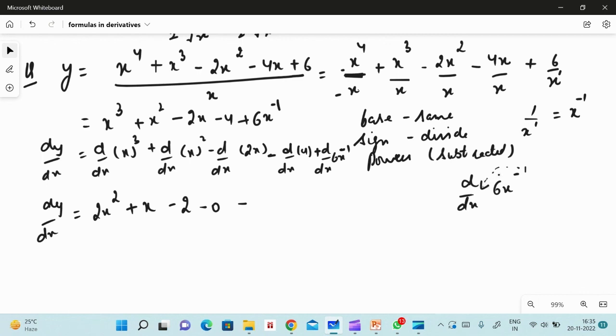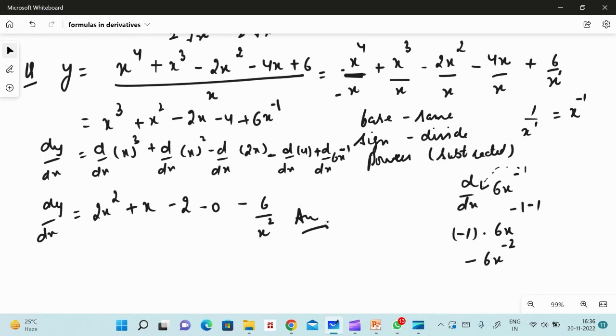So the power comes in front, minus 1 into 6x, and what will we get in the power? Minus 1 minus 1. Okay, so it gives me minus 6x power minus 2, or I can write it as minus 6 divided by x square, right? So this is my solution. Okay, so in the same way we will be able to do various sums.